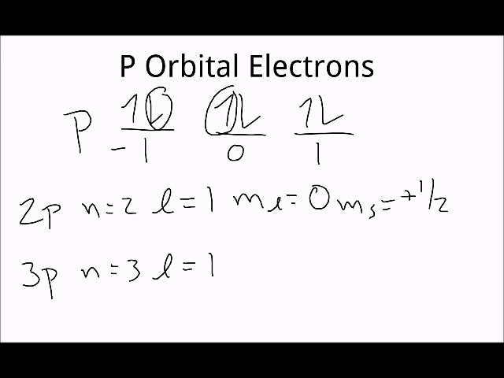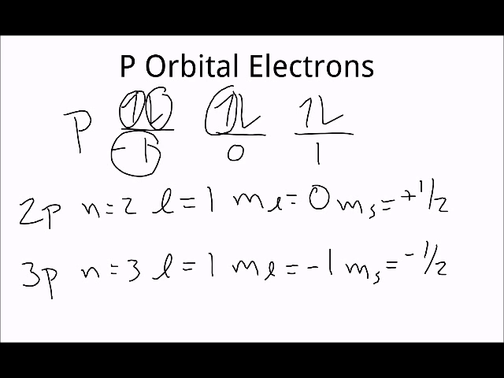N equals 3, L equals 1, M sub L is equal to -1 because I'm interested in this electron up here. And then my M sub S, this electron is spin down, so I'm referring to the -1/2 electron.